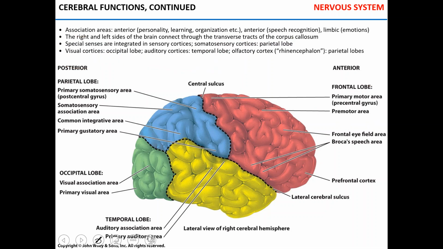The association areas, such as the anterior association area here, the limbic association area, which is not shown here, and the speech recognition area. So they're responsible for higher processing.